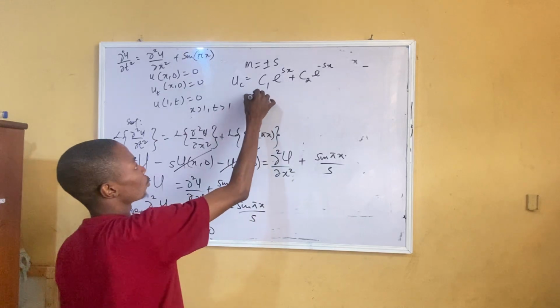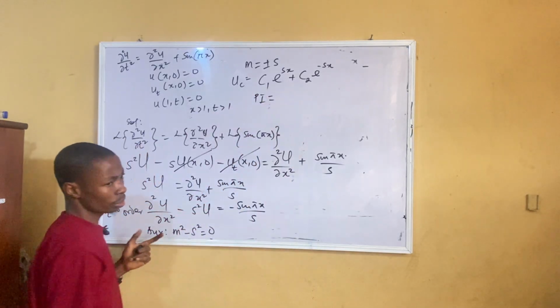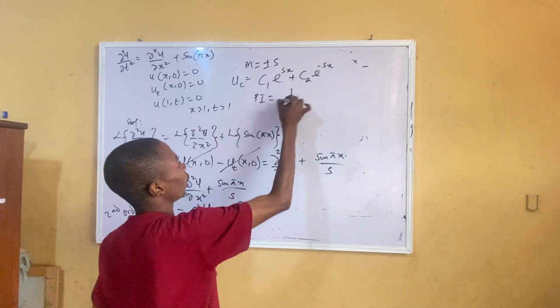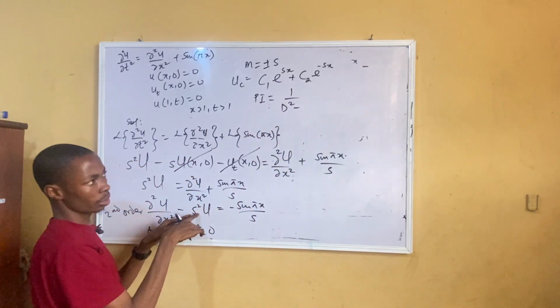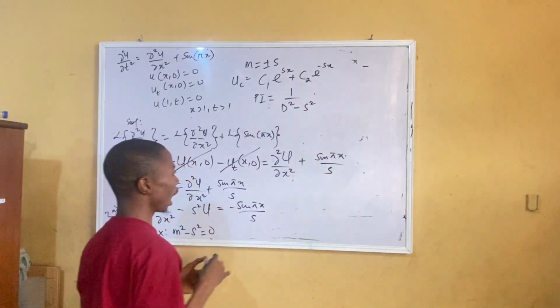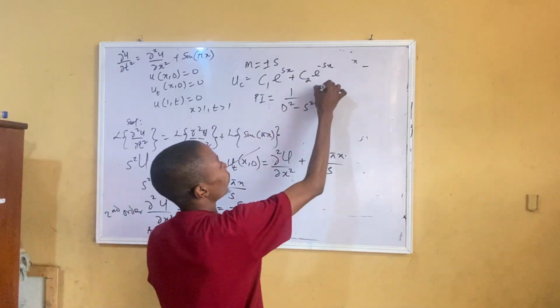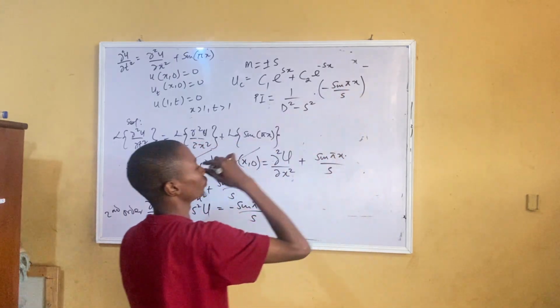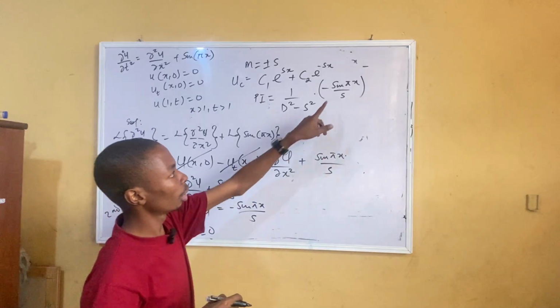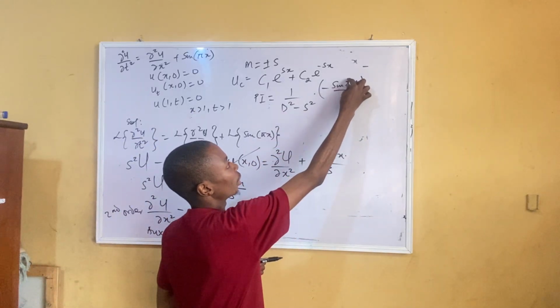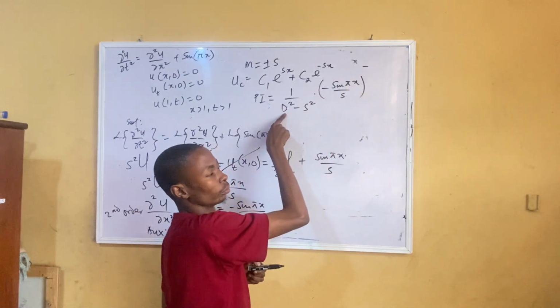Then how do we find the particular solution? Here I'm going to use the D operator. It will be 1 over D squared minus s squared, where s squared is the coefficient of U, times this function, minus sine pi x all over s. You know how sine works now: we put pi here, so it will be pi squared.